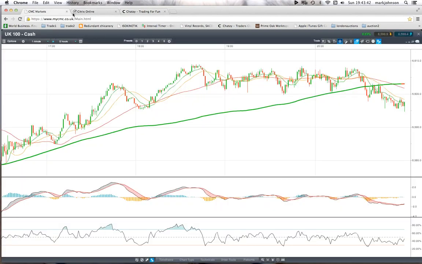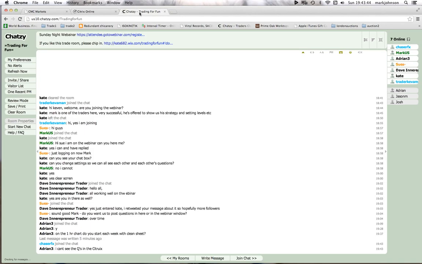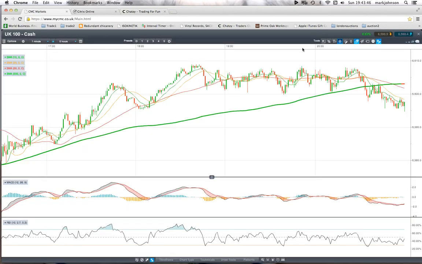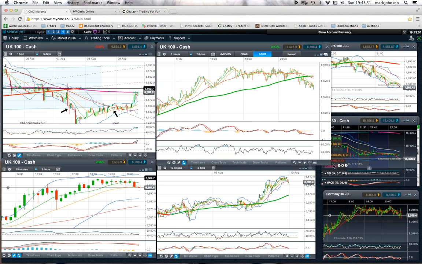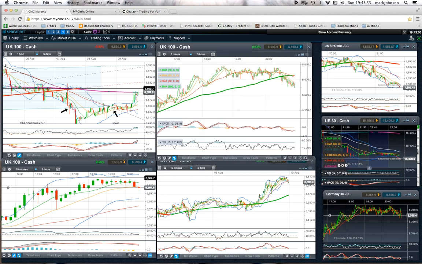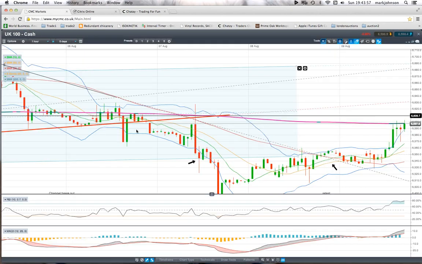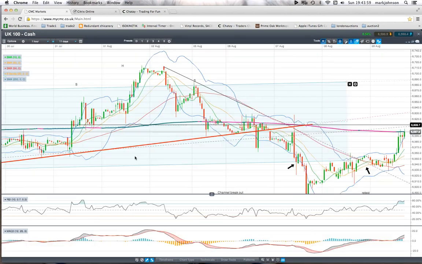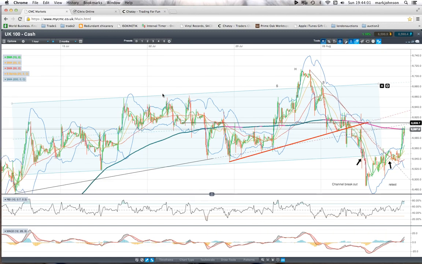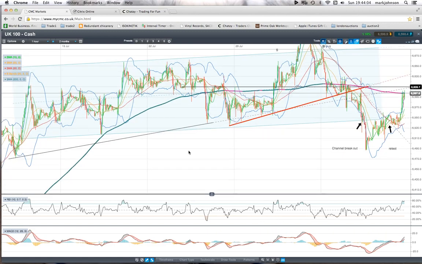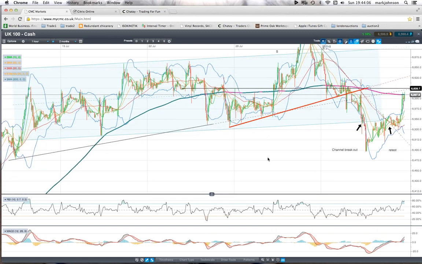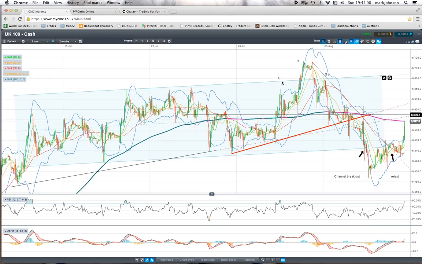No. My 1 hour chart, let me just go back to my full screen. My 1 hour chart, I put my patterns, any trend lines, long-term trend lines, patterns, channels, head and shoulders patterns.